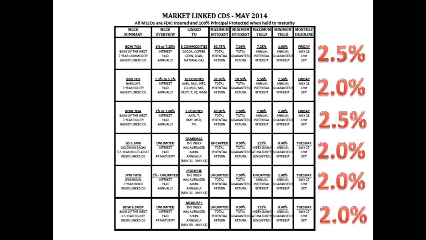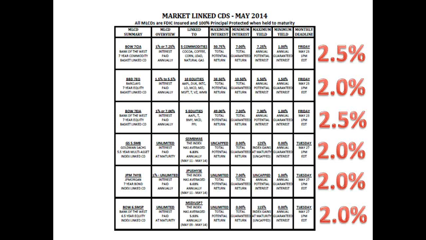Again, a 5.5-year duration. I know many of you have been clamoring to have a shorter term product. Here we've been able to find one that's only 5.5 years. An extra 6 months probably isn't a deal breaker, and we were able to find one that actually paid a decent referral fee, 2% on that Goldman Sachs product.